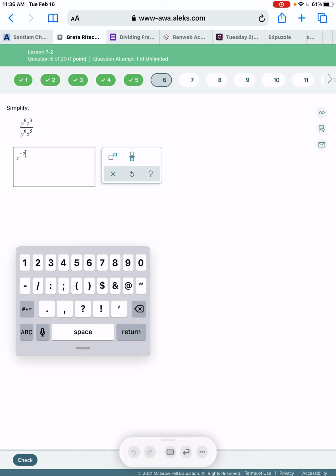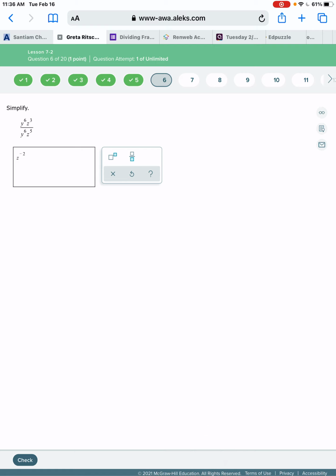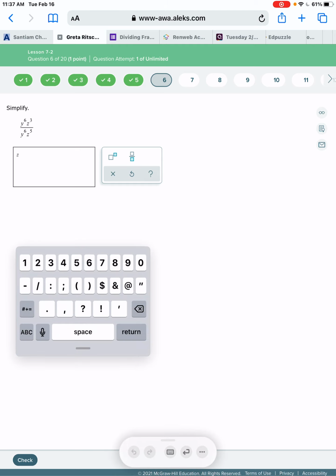Z to the negative 2 is the same thing as writing 1 over z to the 2. I'm not sure which they want us to write here, so I'm just going to put check. And it says write your answer without using negative exponents. So that's fine. We are going to actually then write it as a fraction. There's a 1 on the top, and z to the 2 lives in the bottom where it is happy.